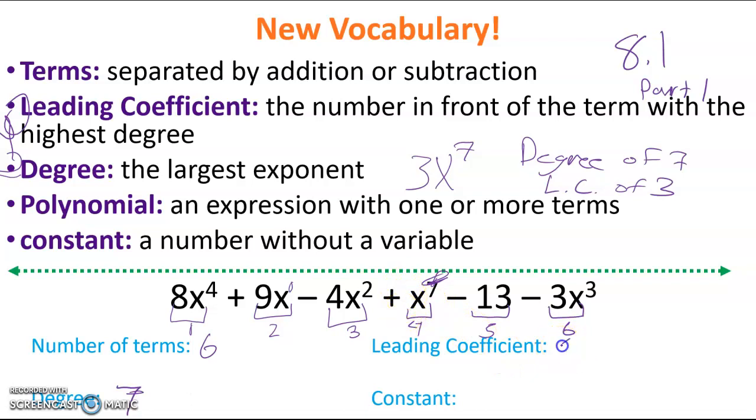No number out in front, so it's just the number 1. And then I look for my constant, which is the number that has no x or any variable attached to it. So I look at this negative 13 here. Because it's minus 13, there's no x, so that is my constant, all right?